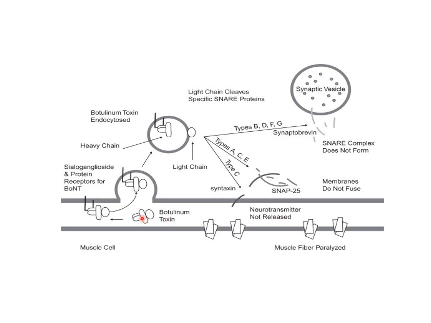There are several isoforms of botulinum toxin, 7 types: A, B, C, D, E, F and G. Among them, A and E block the SNAP25. Whereas toxins B, D, F and G cleave the synaptobrevin, and toxin C cleaves the syntaxin.